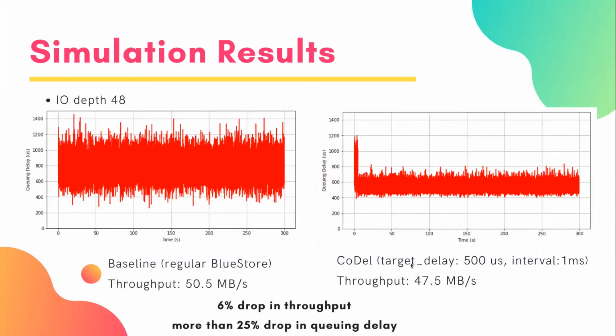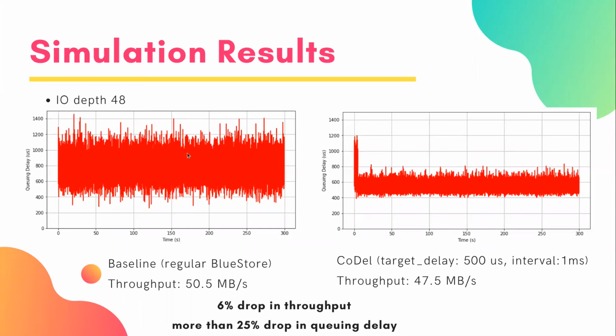The CoDel parameters were 500 microseconds for target delay and 1 millisecond for the interval. The result was a 6% drop in throughput and more than 25% drop in queuing delay. This really easily shows how CoDel works here.